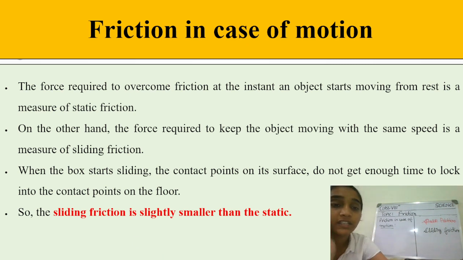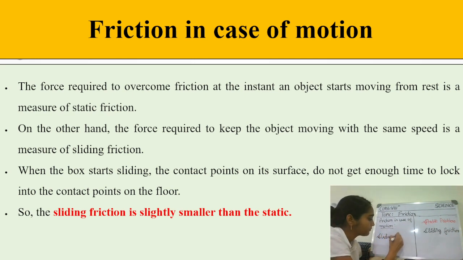Basically, when the object is already in motion and friction is acting on it, it does not get enough time to lock into the points on the floor and stop. In static friction, it becomes more difficult for us. So sliding friction is always slightly smaller than static friction. You can note down this point: sliding friction is less than static friction.